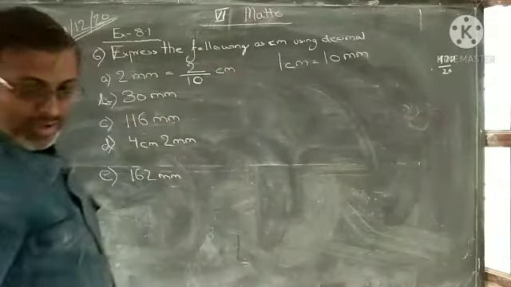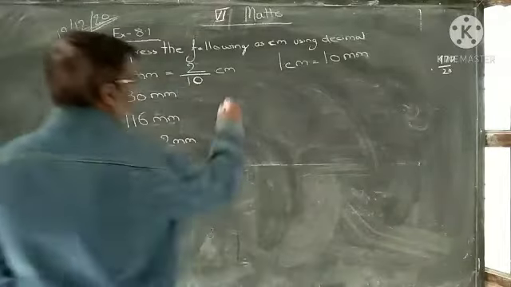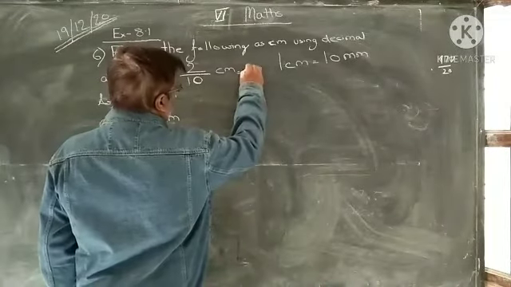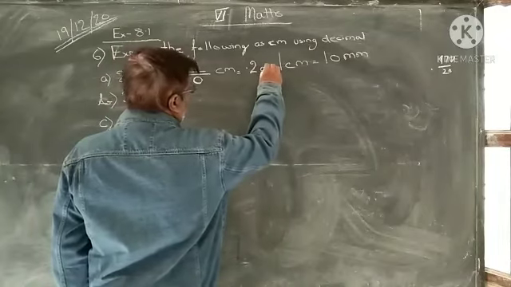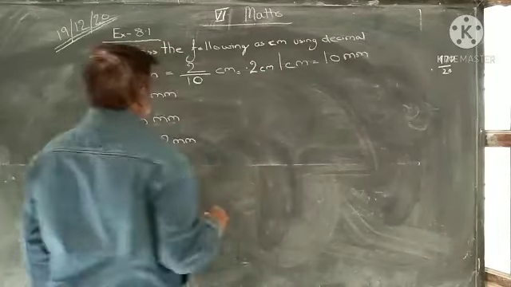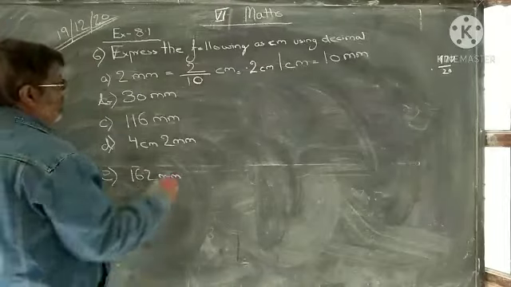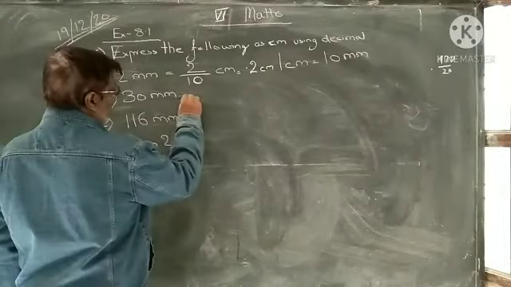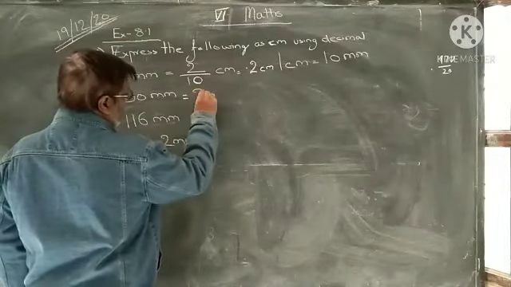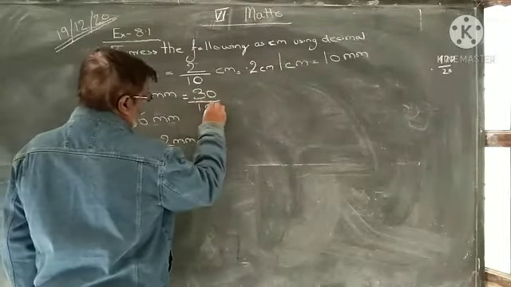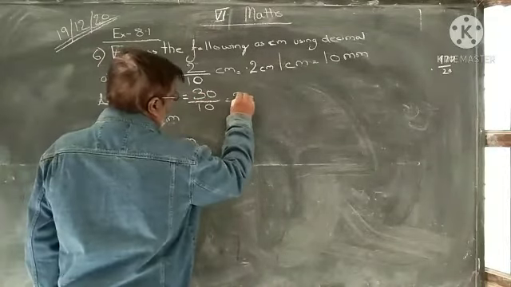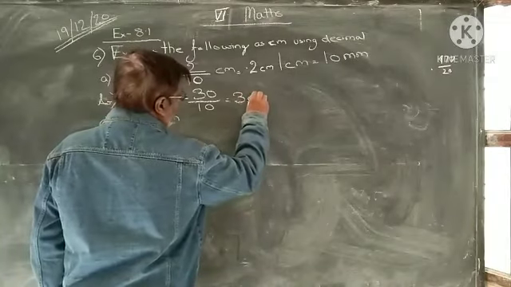And finally in decimal it will come as 0.2 centimeter. Now we have 30 millimeter. 30 divided by 10 will come as 3 centimeter.